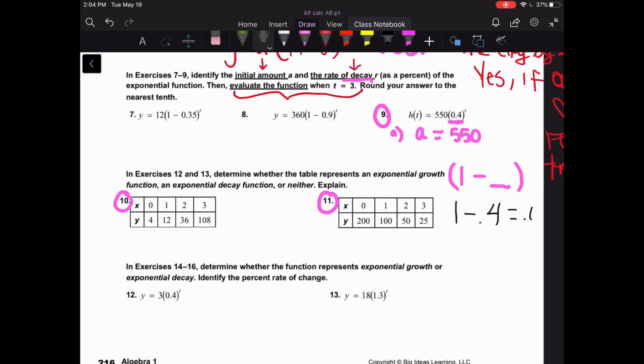You're going to get 0.6, and that's what they decreased 100% of the initial amount by. So when you guys answer part B, remember as a percent, the rate of decay is 60%. You can multiply that number by 100 to get that. Okay, and that's it. You guys will do that last part on your own.